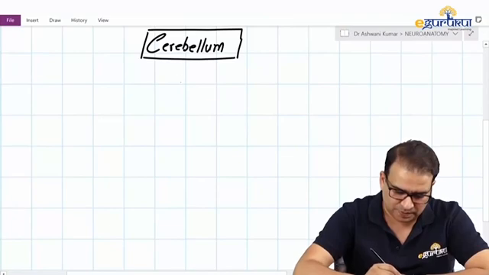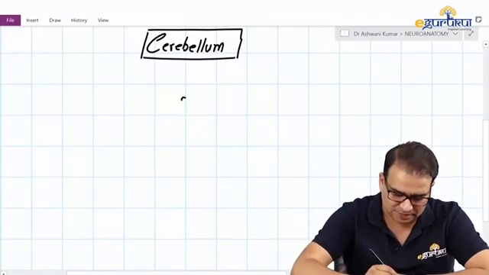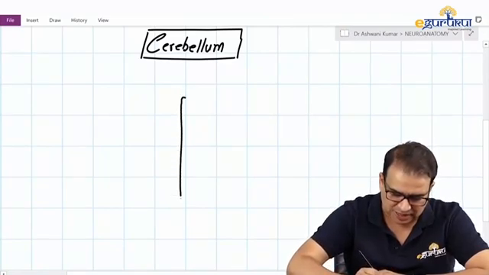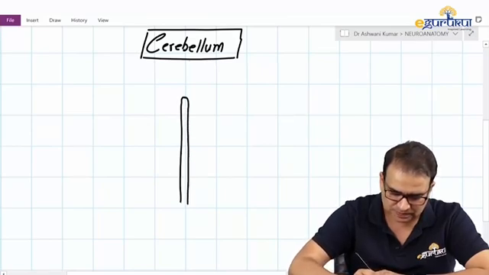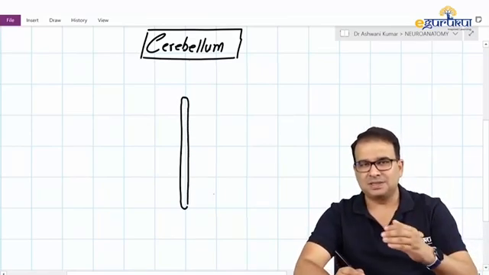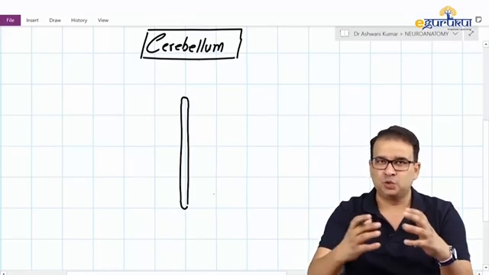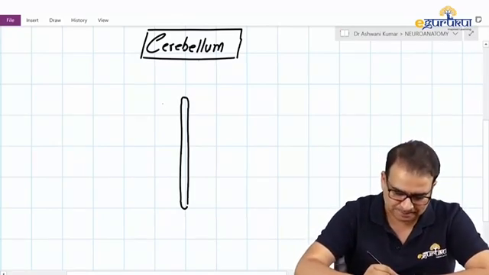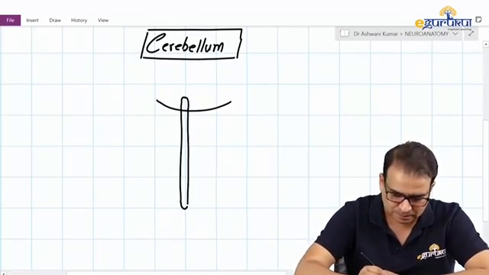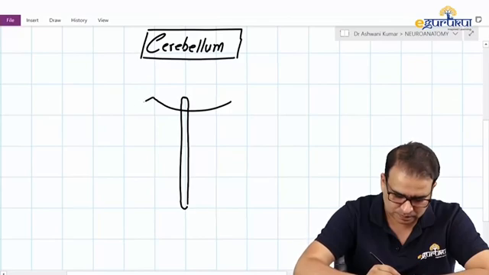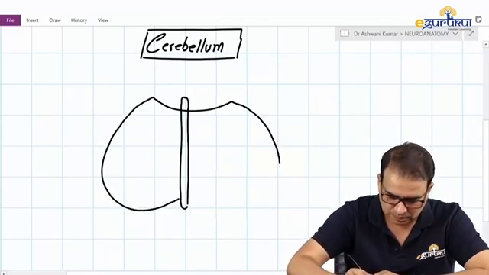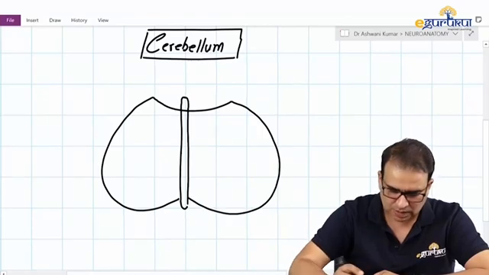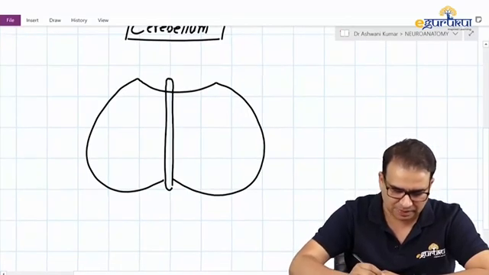So we'll first better be drawing it here. Let's say this is the midline band which is connecting both the cerebellar hemispheres, that is called the vermis. Vermis is a midline band which is connecting the two cerebellar hemispheres. Let's say this is the right and the left cerebellar hemisphere.